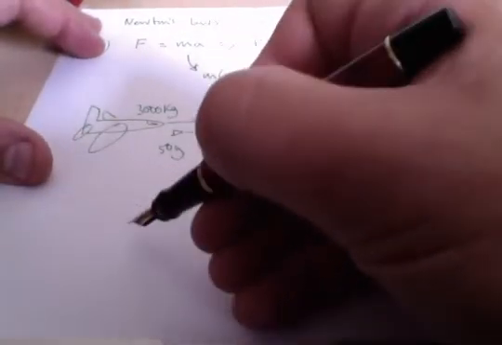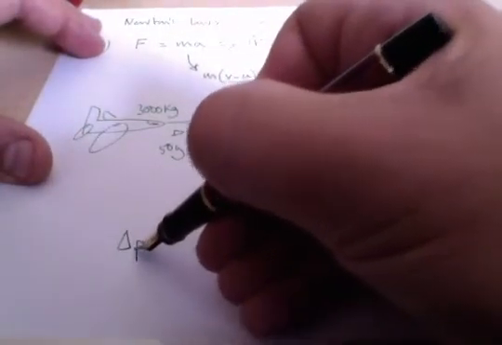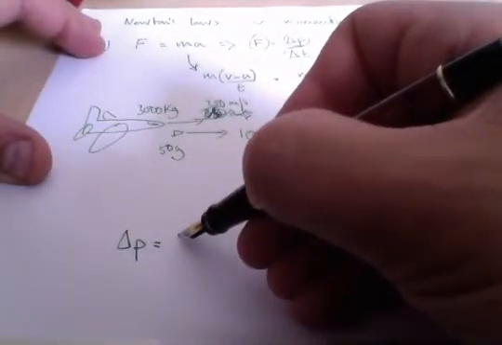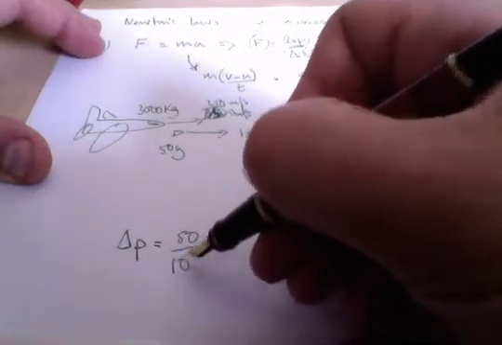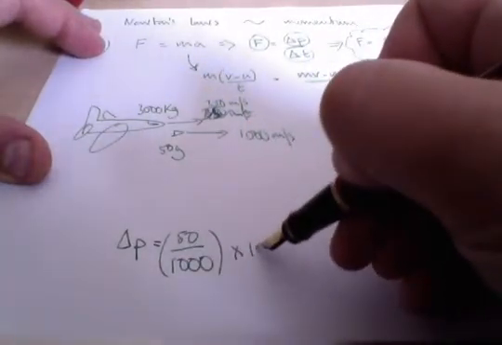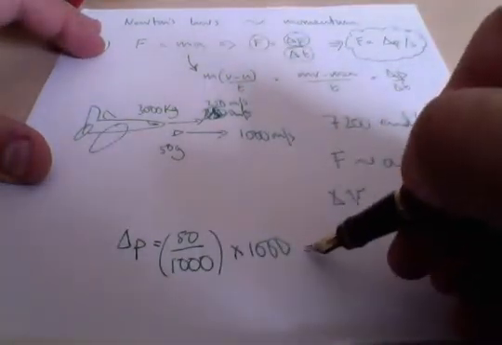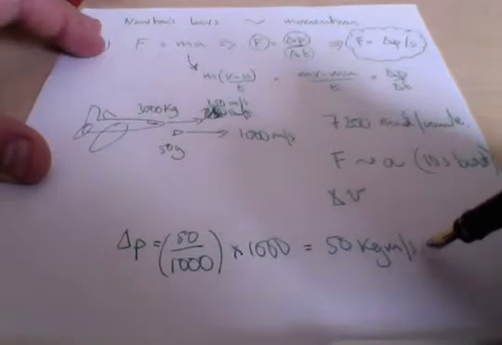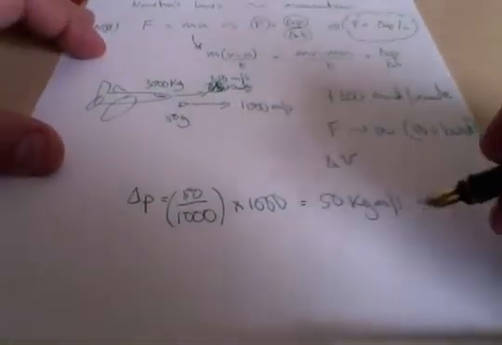We have the change in momentum: a 50 gram bullet, which is 0.05 kilograms, at 1,000 meters per second, giving us 50 kilogram meters per second. So every time it fires, the change in momentum is 50 kilogram meters per second.